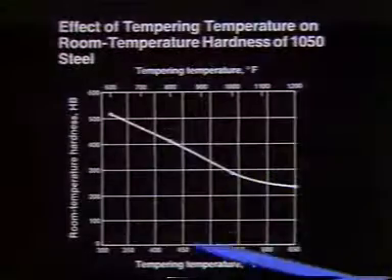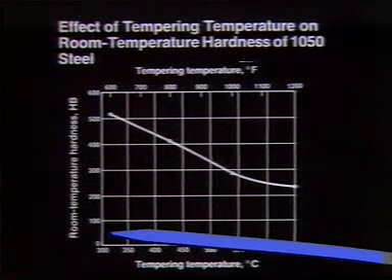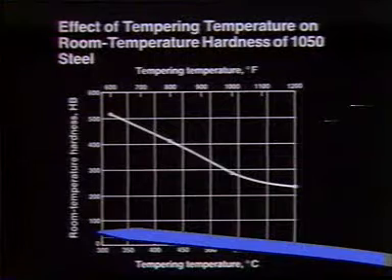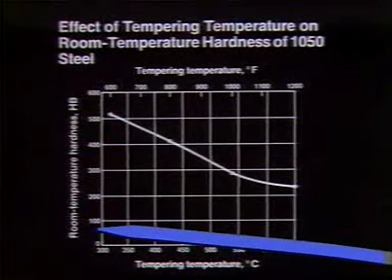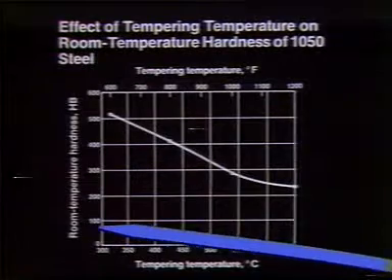And again, in the slide, we have a plot of the room temperature testing of the material to find out what the strength of the material is as a function of the tempering temperature.